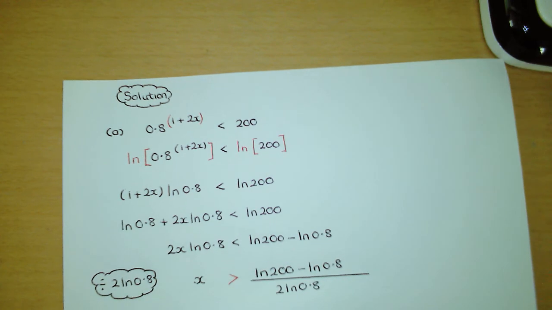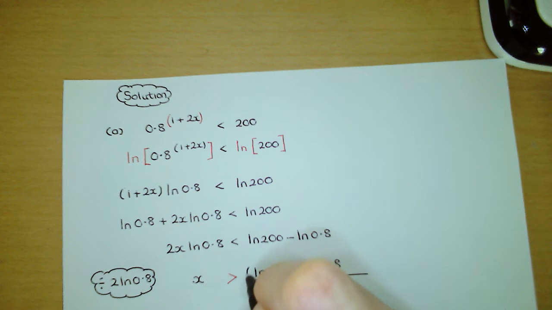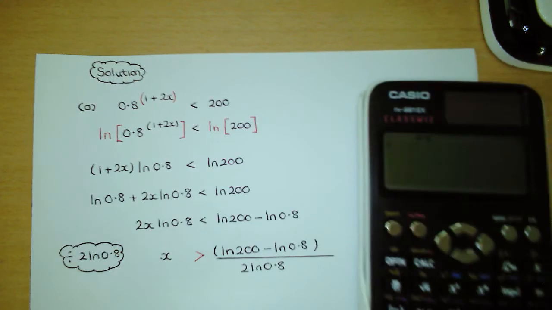That is critical. So now at this stage, what I'm going to do is put brackets around the numerator because there's more than one term on it, and then I'm going to go to calculator and type it in carefully.